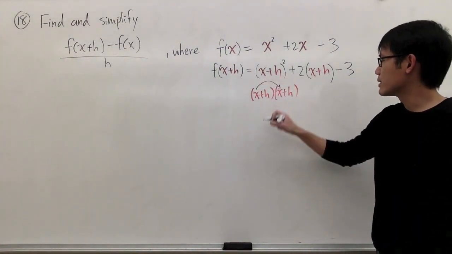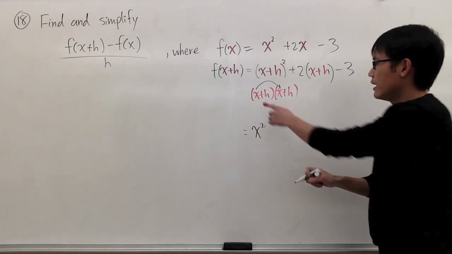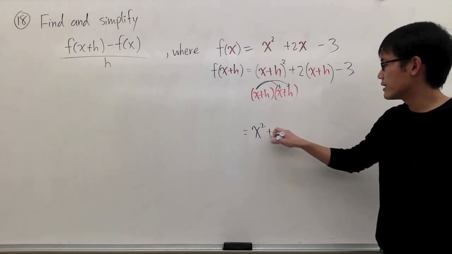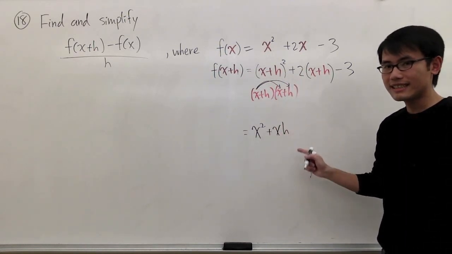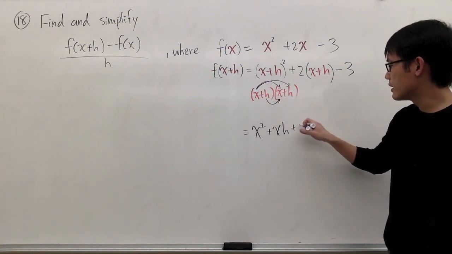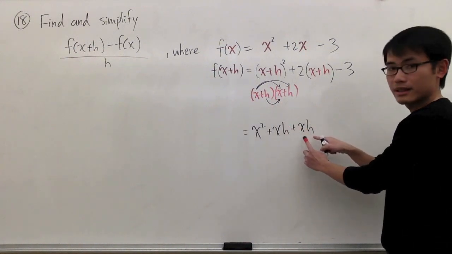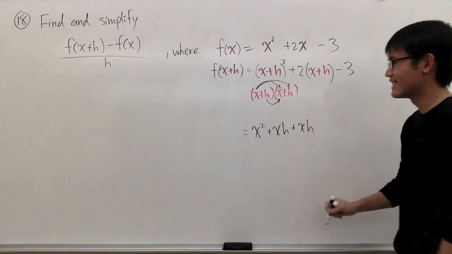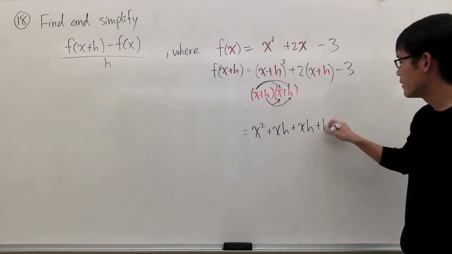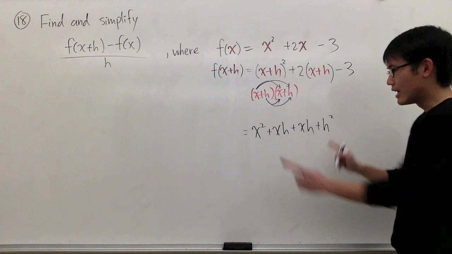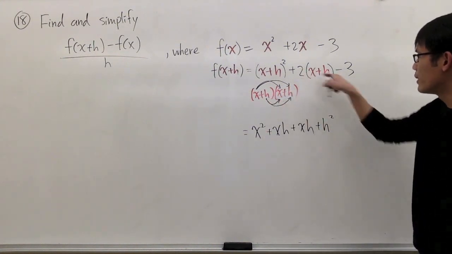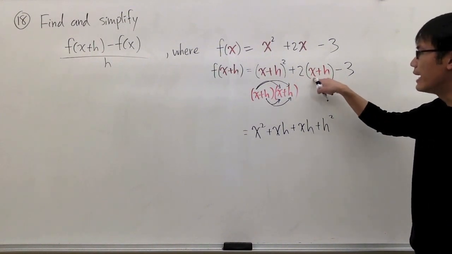I'll take x times x, which gets x squared, and x times h, which gets xh. And then we also have h times x. Let me just write that as x times h, so that I can keep it in the same order. And last, h times h, which will be h squared. All this came from that.